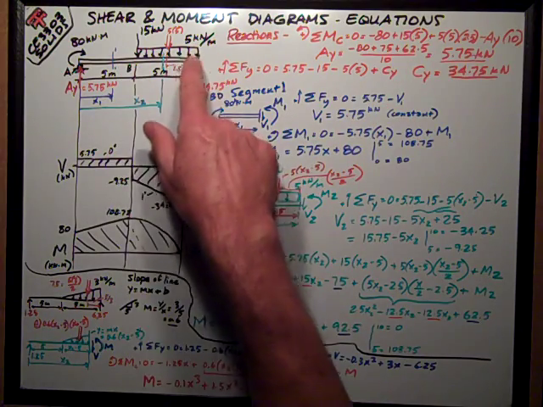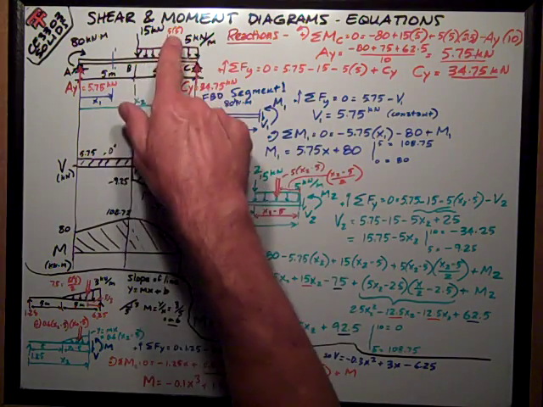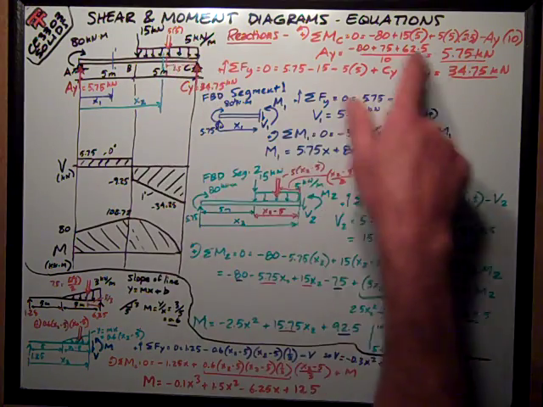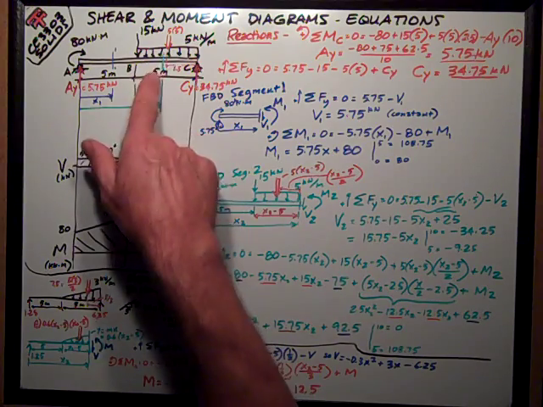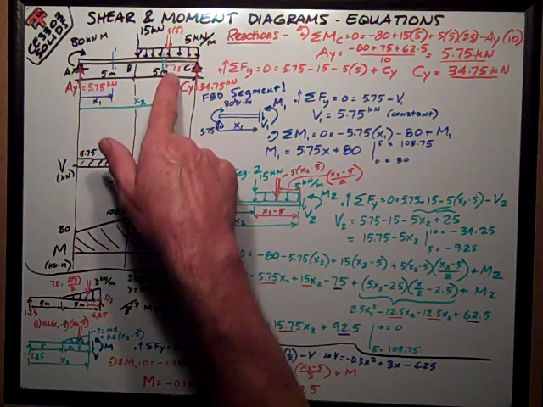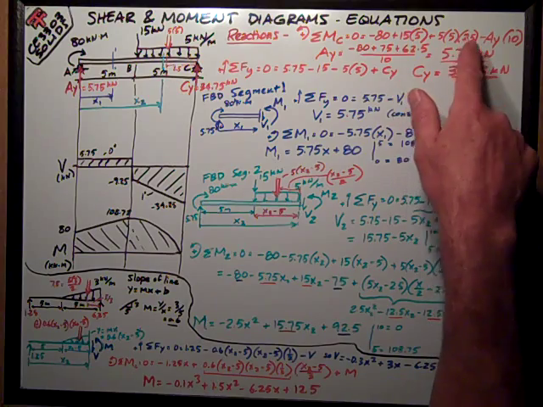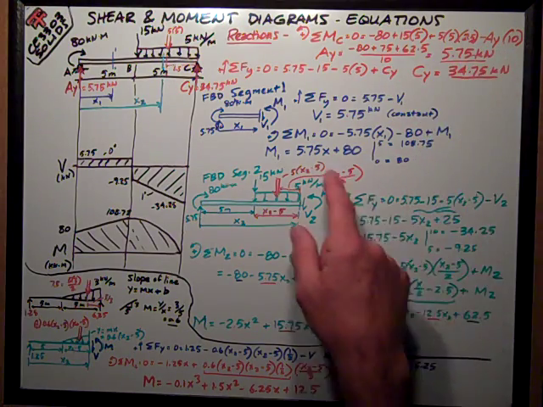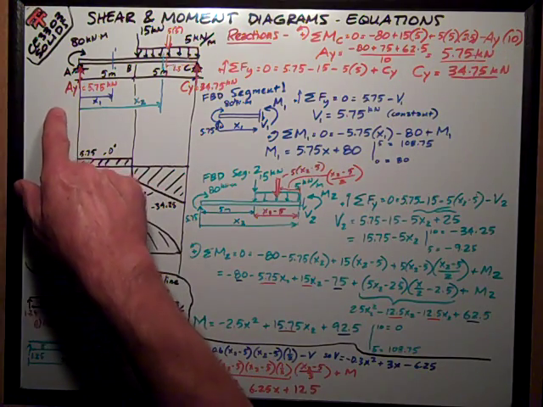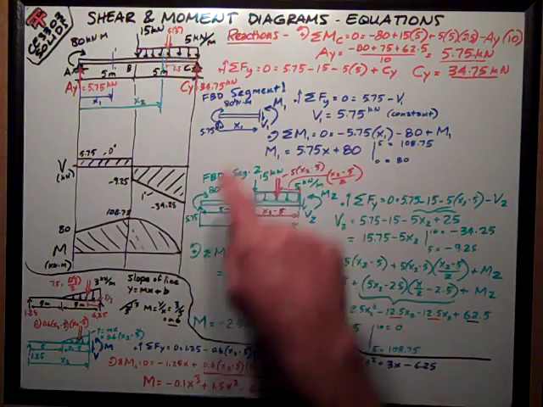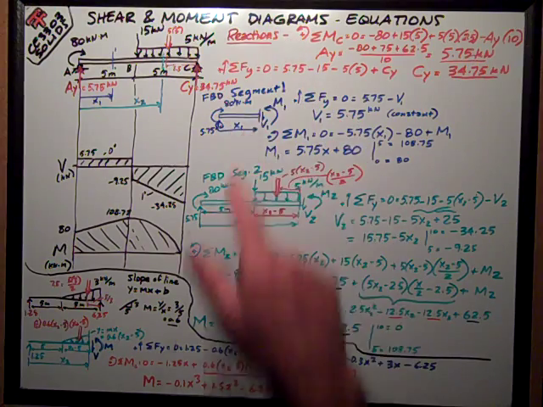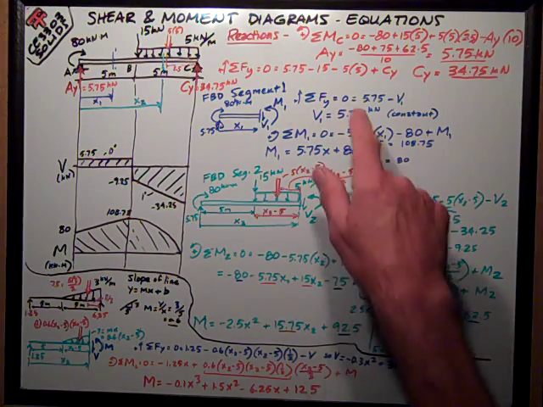My uniformly distributed load, I write the resultant as 5 times 5, or 25, and its moment arm is in the center of that distributed load, which is 2.5 meters out, so it's 5 times 5 times 2.5, minus my AY reaction times its moment arm of 10, minus, because it's going clockwise direction, which is opposite of my positive sign assumption.